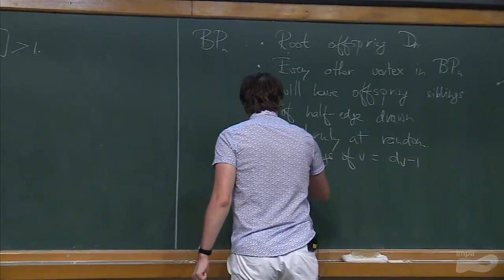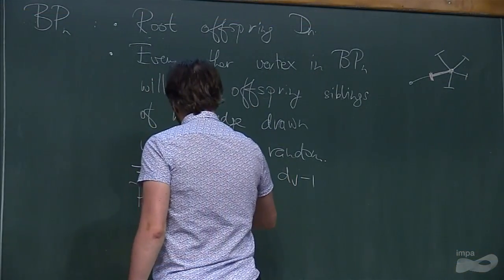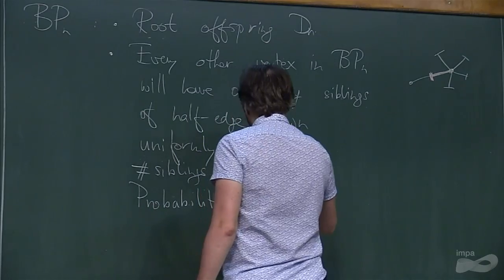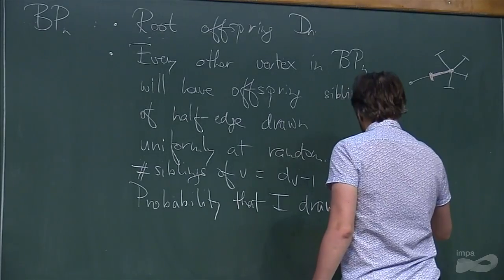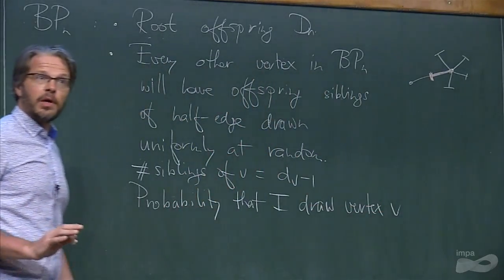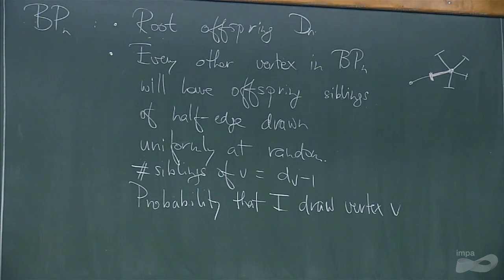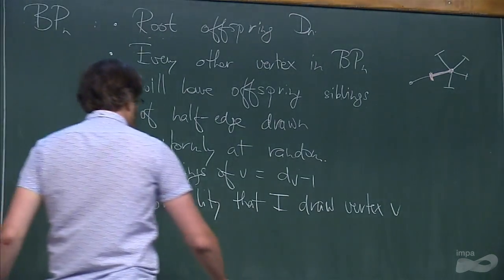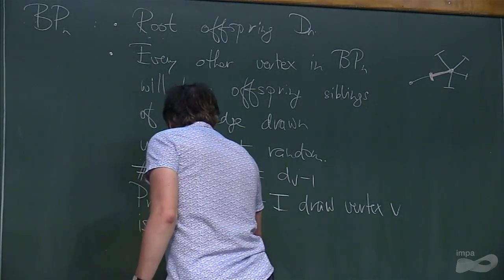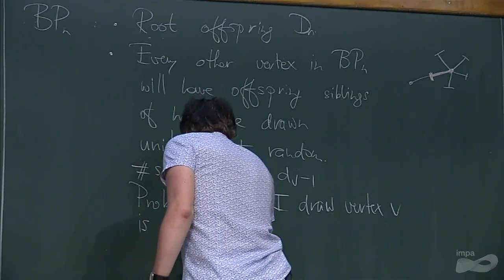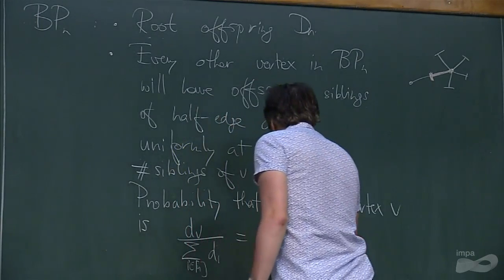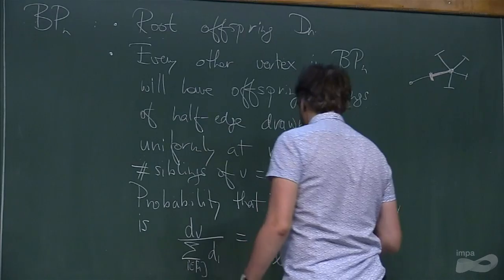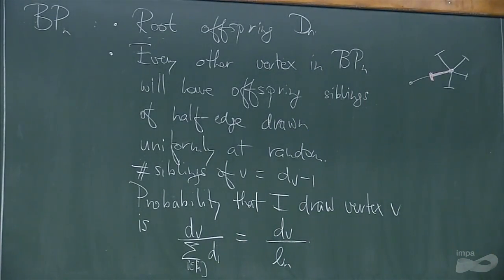So, the probability that I draw vertex V: I don't draw my vertices uniformly at random, I draw my half edges uniformly at random. So if my vertex has a humongous degree, I'm much more likely to choose it. So that's just going to be proportional to its degree divided by the sum of the degrees, and that's the same thing as d of v divided by ln. So there's the size biasing.